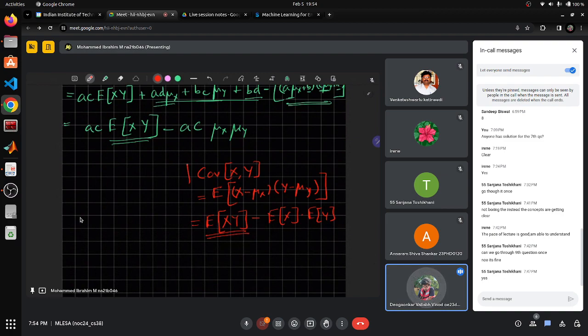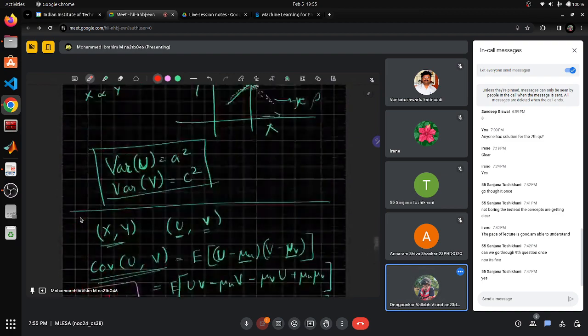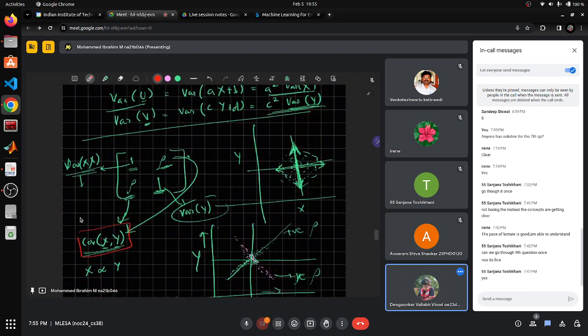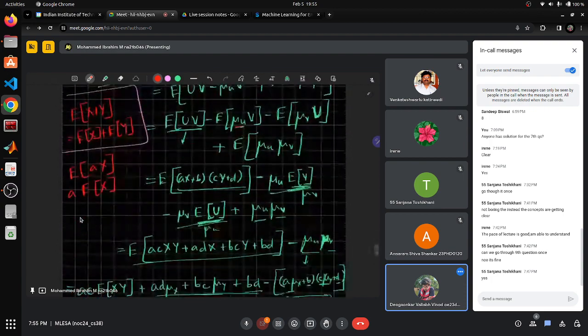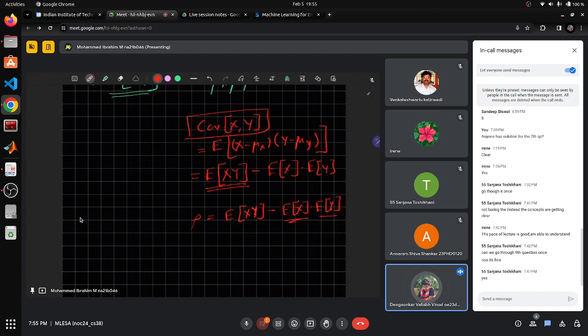But the covariance of x comma y, which was already given to us in this matrix, which is this term here, was actually given to be rho. So we write rho is equal to this minus expectation of x into expectation of y. But what is expectation of x and expectation of y?